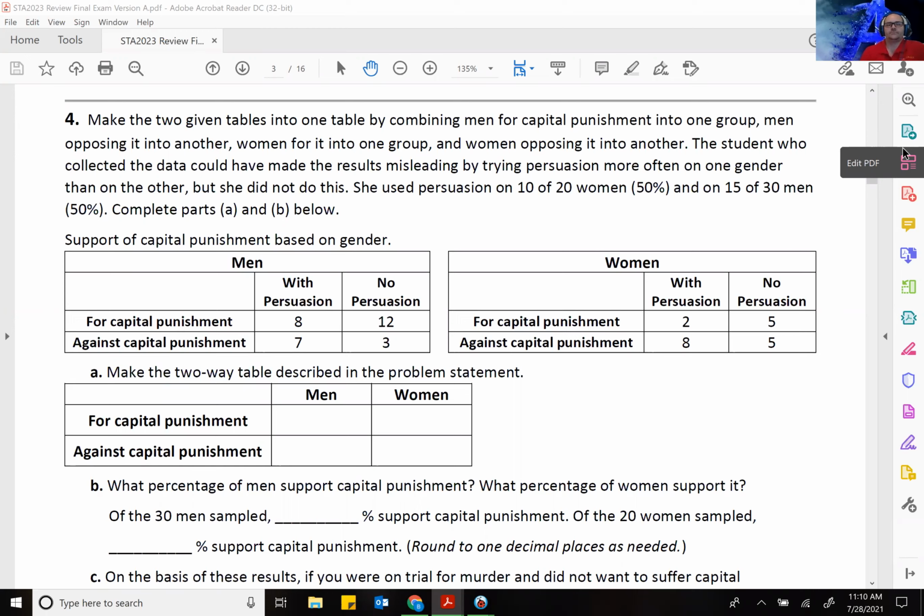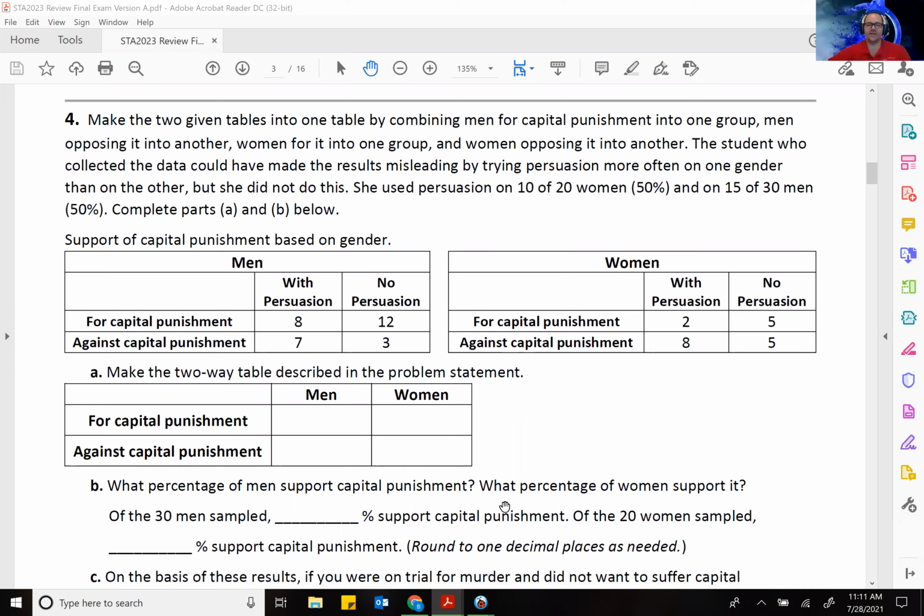20. Because you take the 8 and the 12 and combine them together. How many men are against capital punishment? 10. Take the 7 and the 3. How many women are for capital punishment? 7. How many are against? 13.